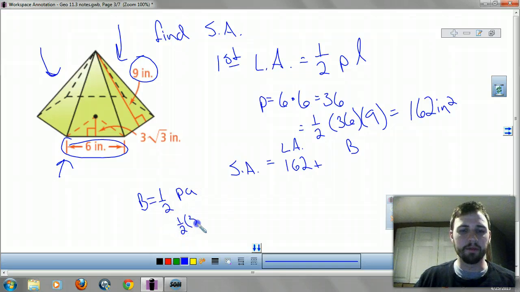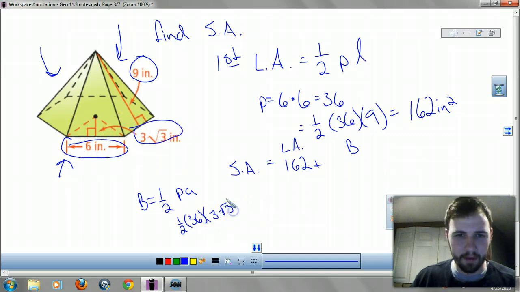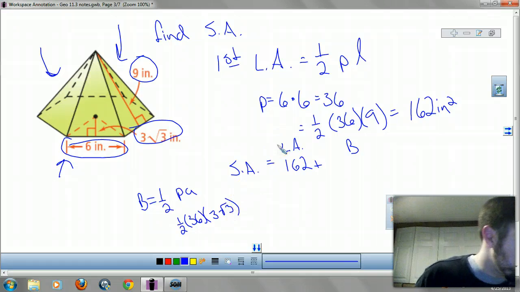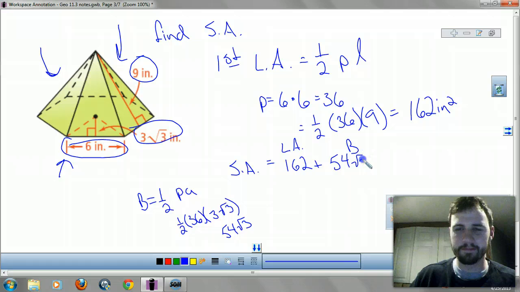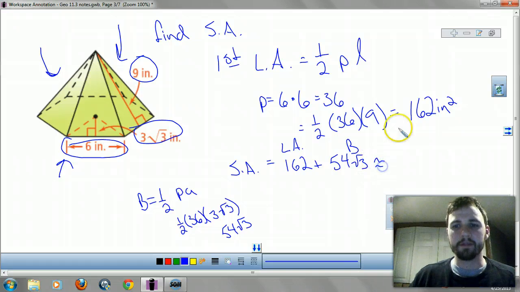That's 1/2 my perimeter was 36. My apothem is 3√3. So I get whatever 18 times 3 is. 54√3.